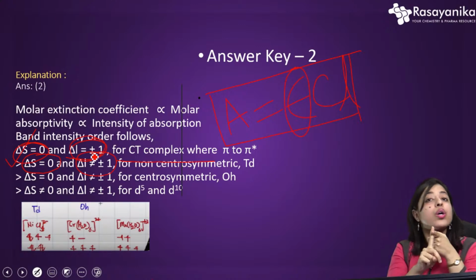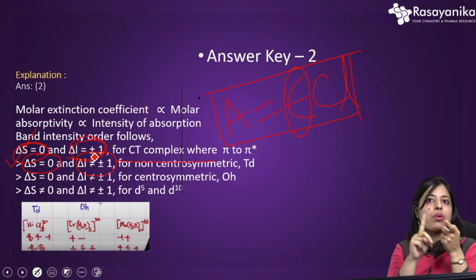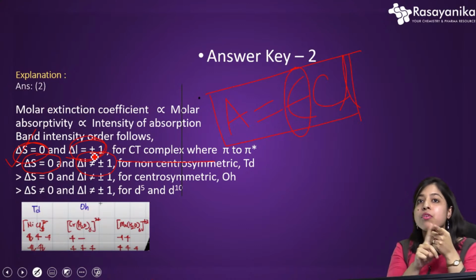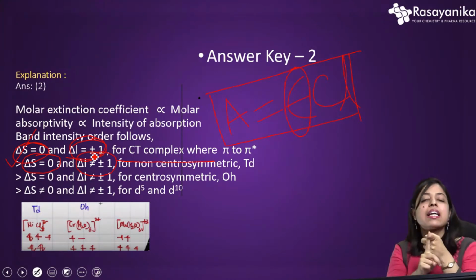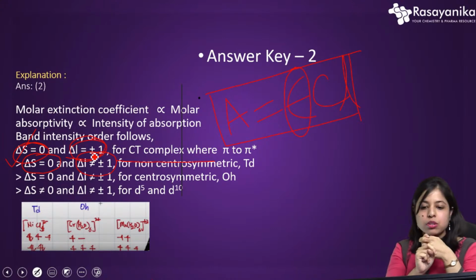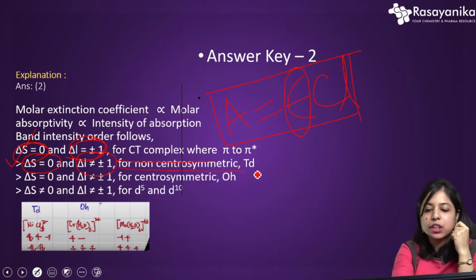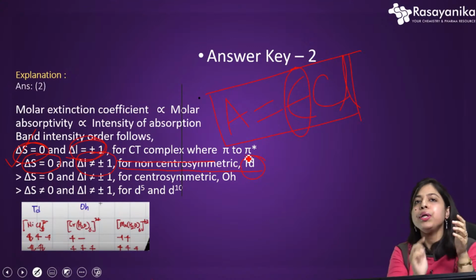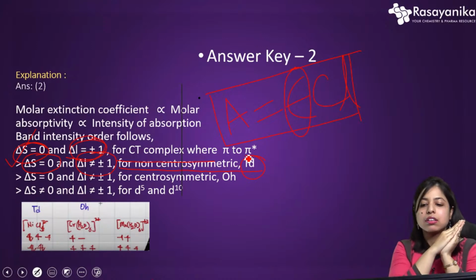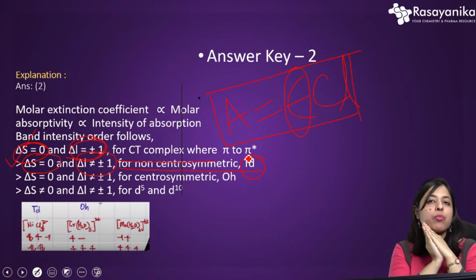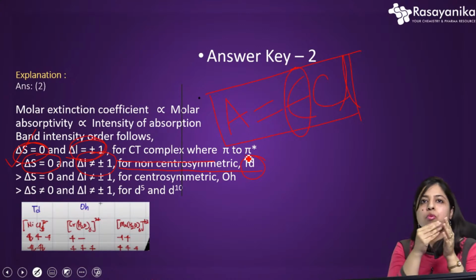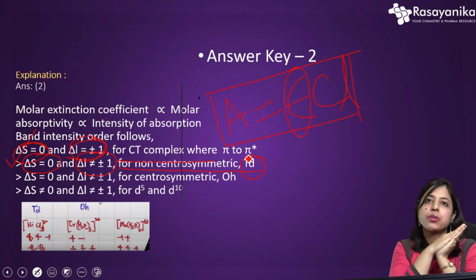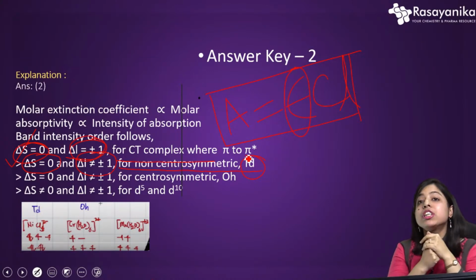One is the non-centrosymmetric molecule, and apart from this, the centrosymmetric molecule also follows this rule. For the non-centrosymmetric molecule, the example is mainly the tetrahedral complex. You need to remember that tetrahedral or non-centrosymmetric molecules show somewhat greater band intensity than the centrosymmetric molecule. And the centrosymmetric molecule, which kind of molecule are those?